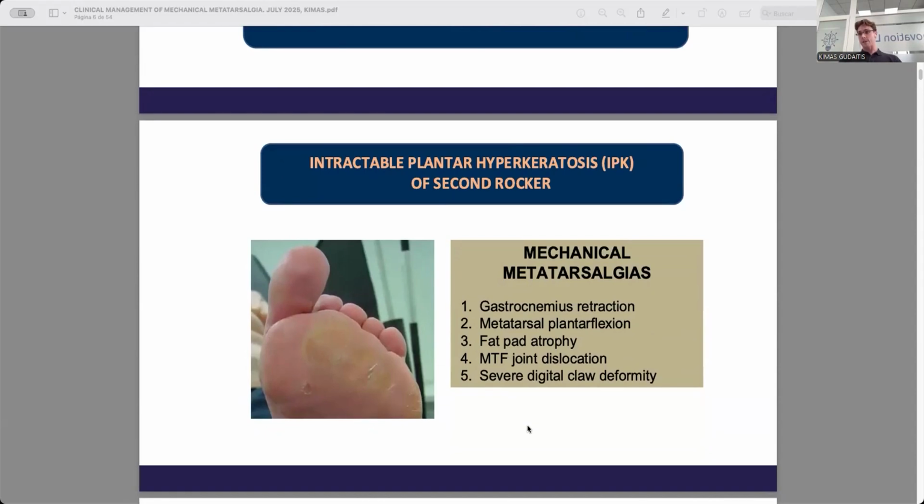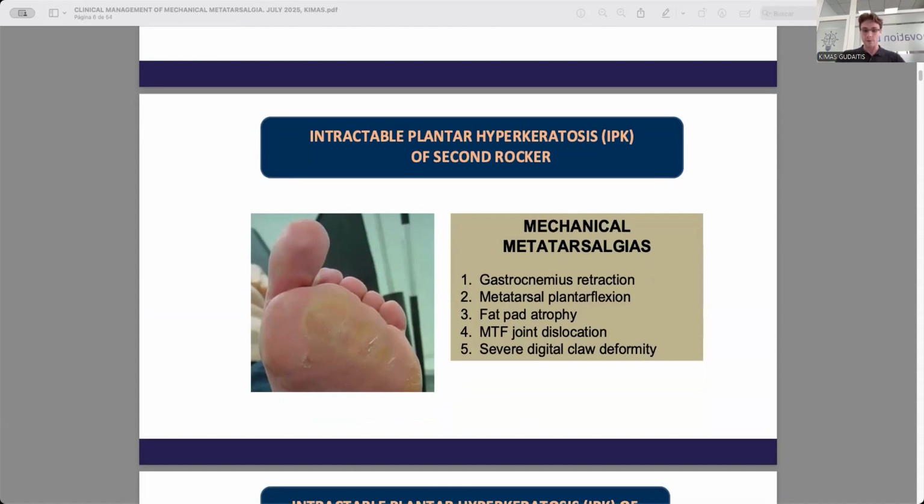We know that metatarsalgias can be classified based on the location and the type of the hyperkeratosis. The most common types are the second rocker and the third rocker metatarsalgias. The second rocker metatarsalgia, as we can see in this image, is a very clear hyperkeratosis lesion under the metatarsal heads. This lesion is well defined, does not extend to the front, and is centered just under the metatarsal heads.